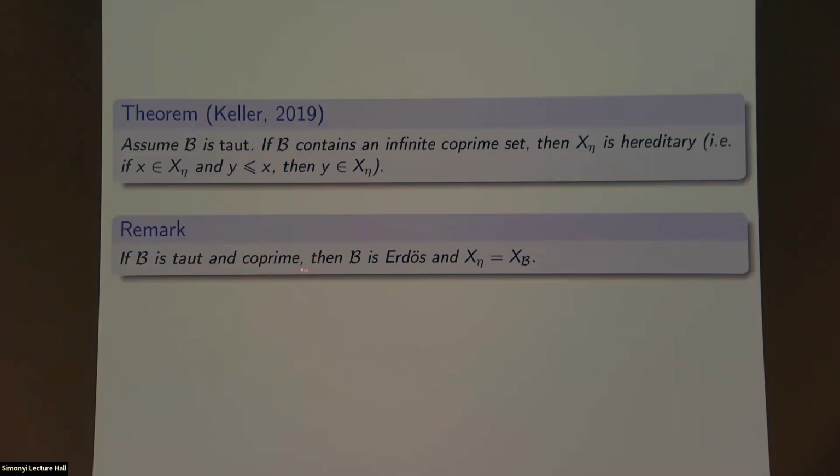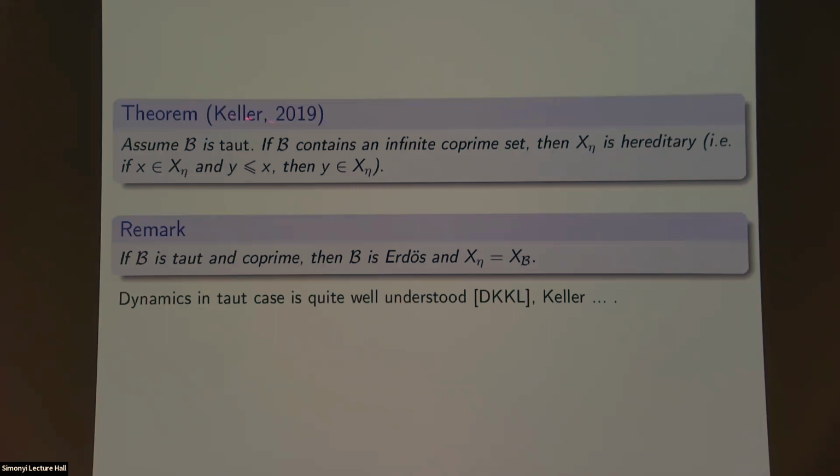If B is taut and coprime, then it turns out that B is L-dash. It is relatively easy to observe. And then x eta equals xb, as we have seen before. And that corresponds to this theorem in the following way: xb is always hereditary. So in this coprime case, everything is even simpler.